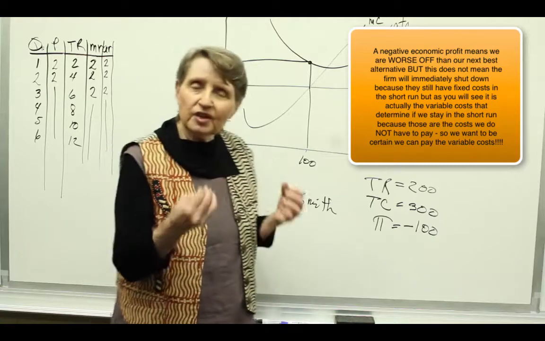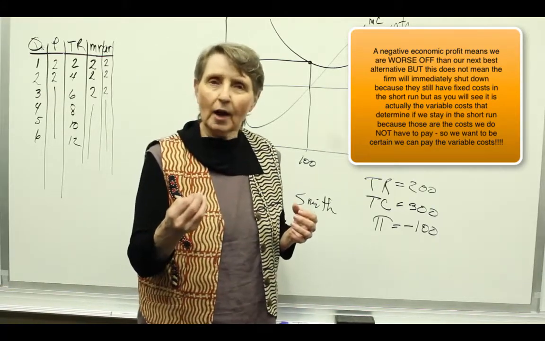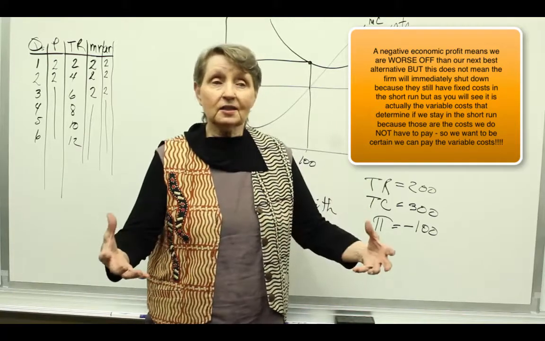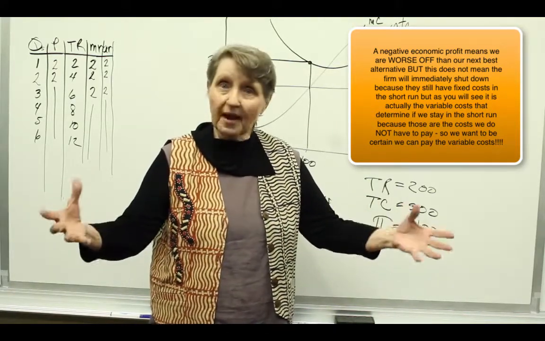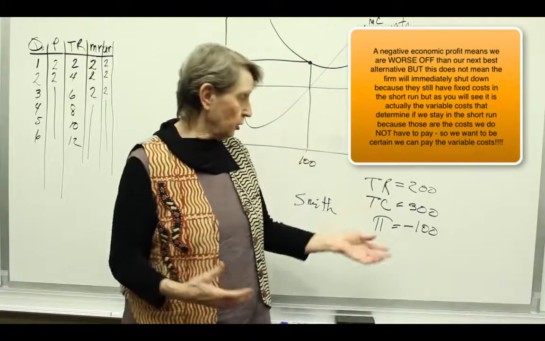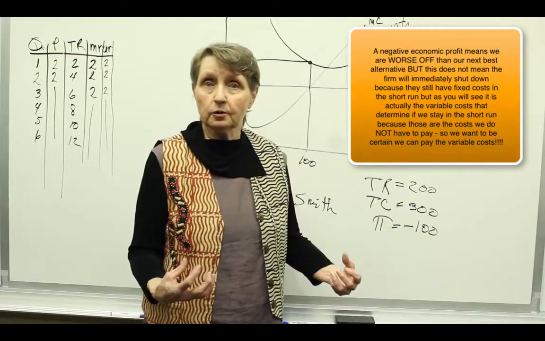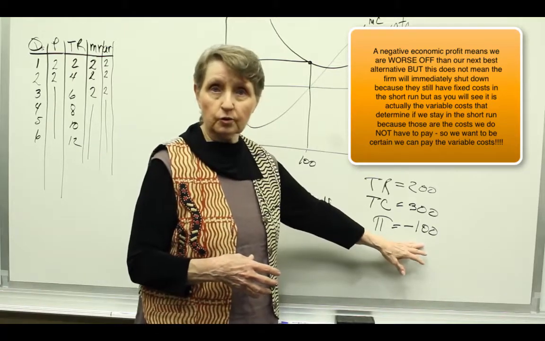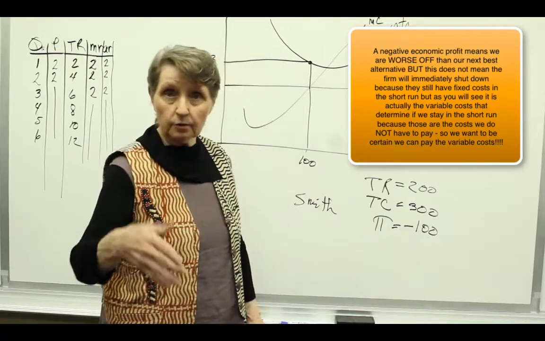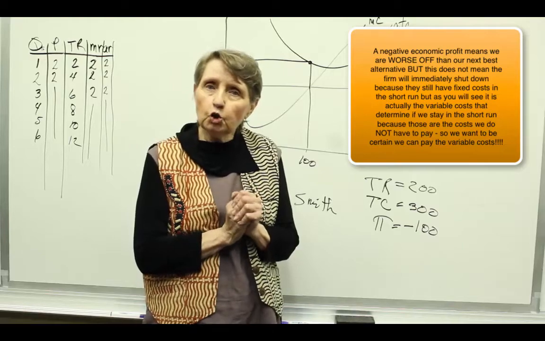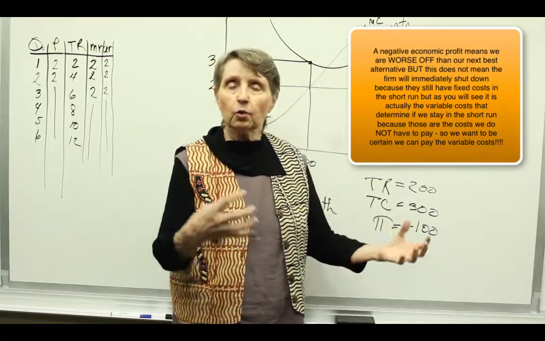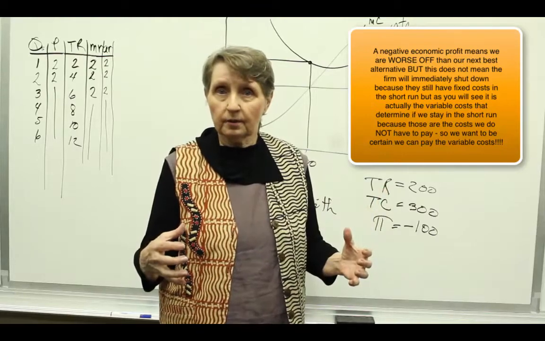And the decision is always to minimize losses. Just as the flip side of the coin is to maximize profits. Well, if you're going to take losses, you want to minimize them. So what Farmer Smith must do is compare this loss, $100 if he operates, with what he will lose if he shuts down. And so we have to think about what we call the shutdown decision.